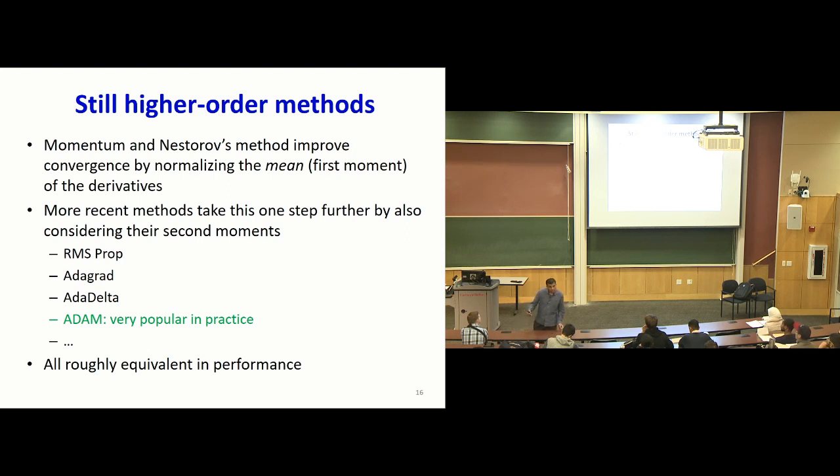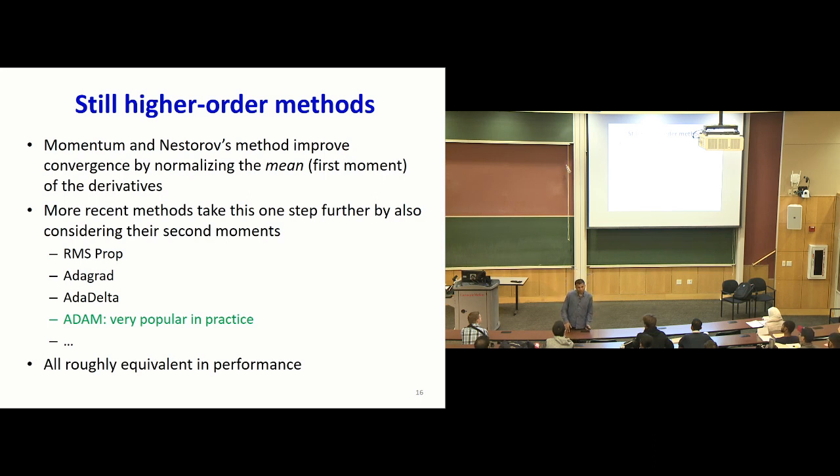I'm actually considering only the first moment of the derivatives, right? There's more to the distribution of the derivatives than just the first moment. So what is happening when I do my momentum methods is that I'm keeping track of the derivatives across time, the gradients, and computing the expected value of the derivative at the next step, which is to say the expectation will smooth out these fluctuations, and then you're taking a step along the expected value.